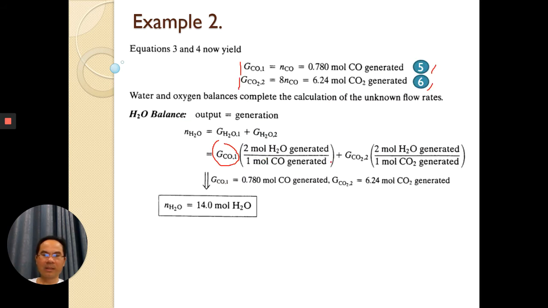From the second reaction, 1 mole CO2 generated is also equal to 2 mole water generated. Then you substitute GCO1 and GCO2, and you can calculate the output water equal to 14 mole water.